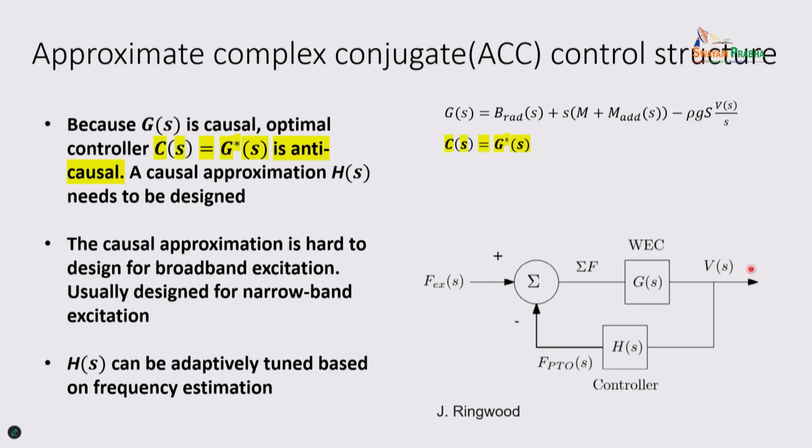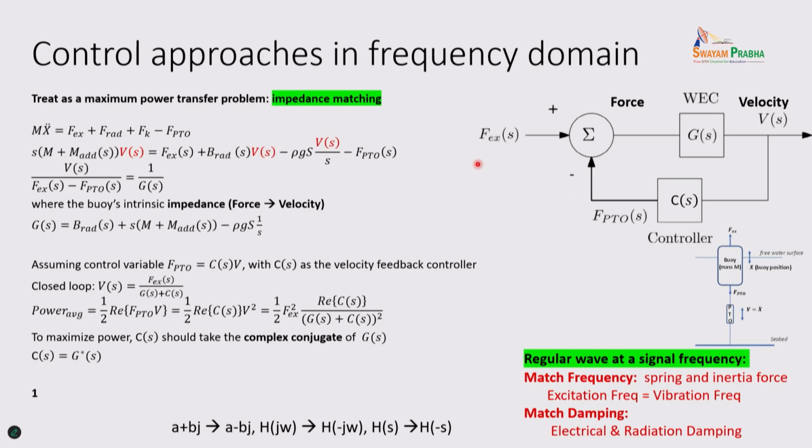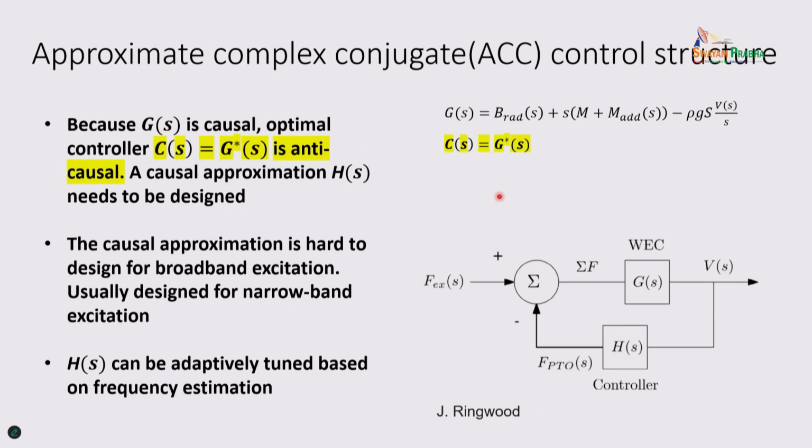Given this control feedback loop, you measure velocity, control the PTO force, and add them together. This is just this equation. Now G(s) is causal: you give a force input and get a velocity output. But you want self-conjugate control, a complex conjugate, and that is not a causal system.